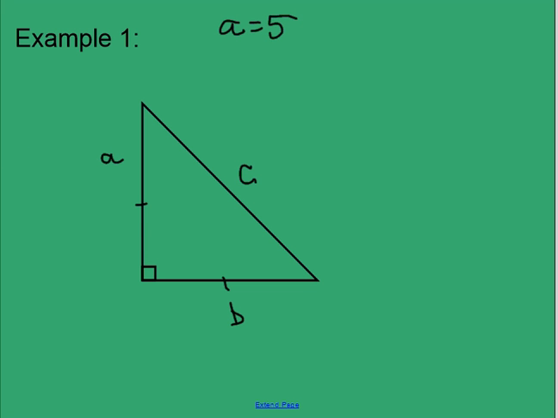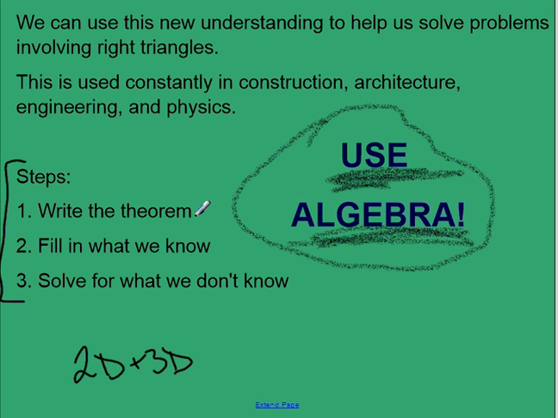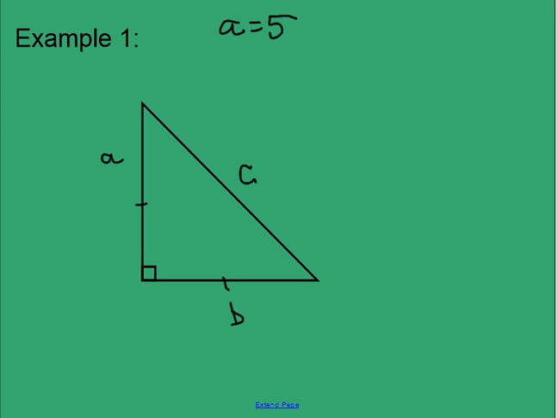Okay? So our steps that we just wrote down: write the theorem, fill in what we know, solve for what we don't know. So my theorem is A squared plus B squared equals C squared. Make sure to write this all down. And then I'm going to plug in what I know. Well, I know from this that A is 5. But what about B? Can I figure out what B is?